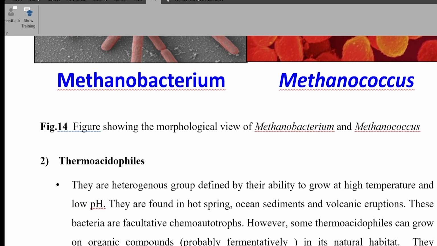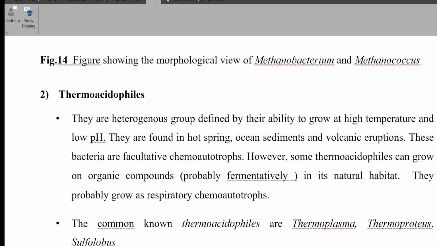So these bacteria are facultative chemoautotrophs. However, some thermoacidophiles can grow on organic compounds in their natural habitats. They probably grow as respiratory chemoautotrophs also. The most common thermoacidophiles are Thermoplasma, Thermoproteus, and Sulfolobus.